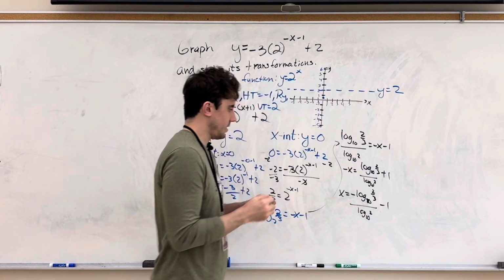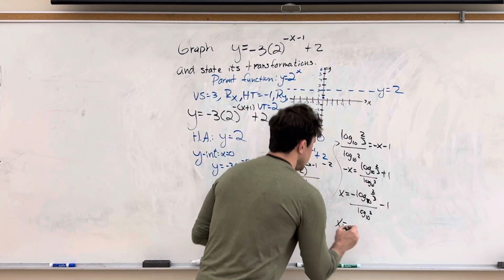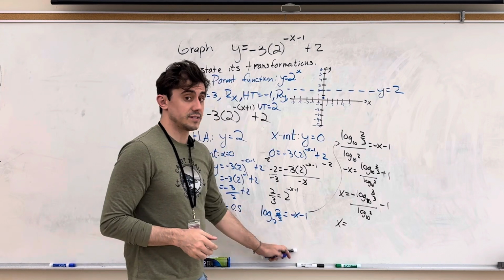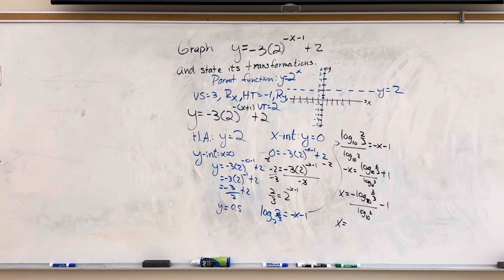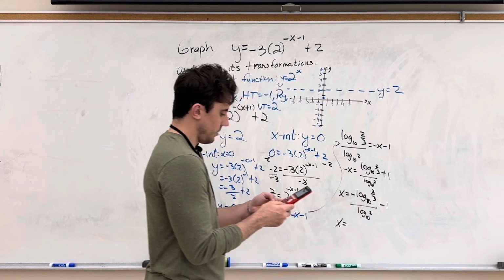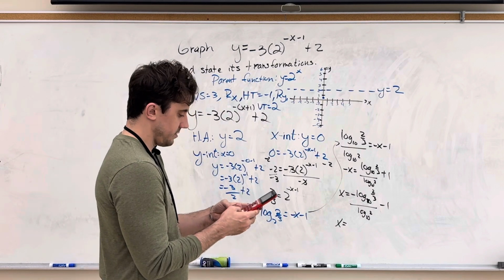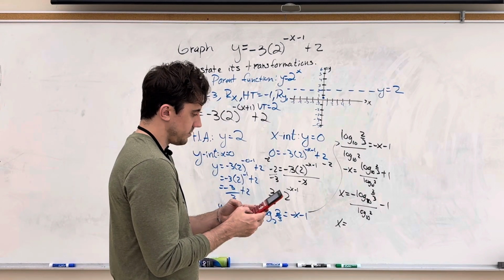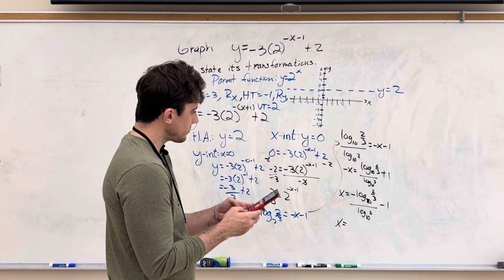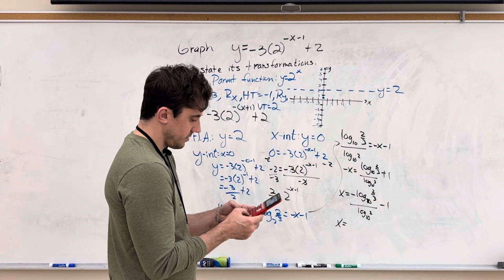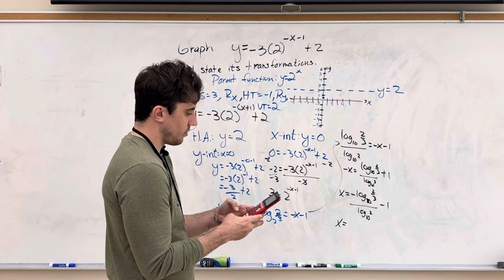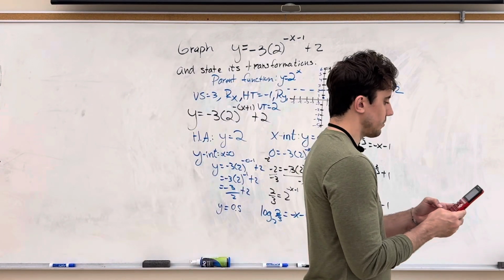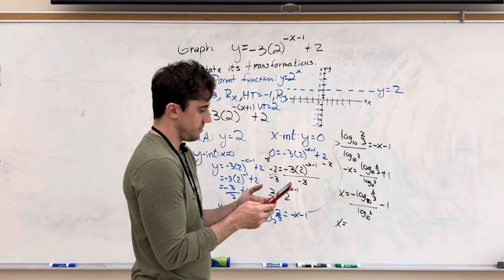Minus 1, and that means that x is equal to... You can throw this into a calculator. It's going to be a messy value. Go ahead and try it. X is going to be equal to the negative log of 2/3 divided by the log of 2, minus 1, which is going to be negative 0.4.